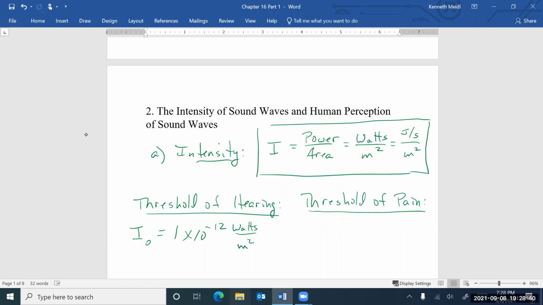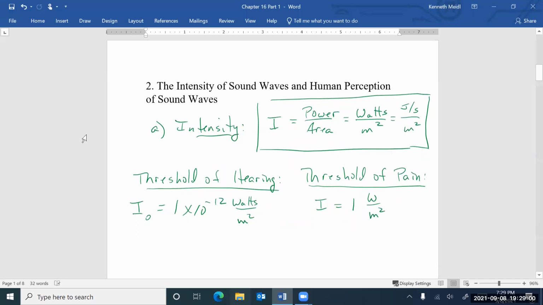Where you start getting the ringing in your ear and those different perceptions, people call this the threshold of pain. That intensity is closer to 1 watt per square meter.